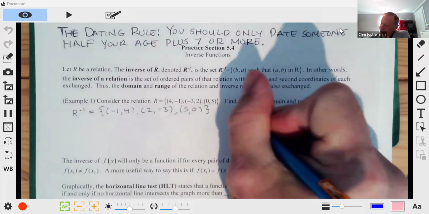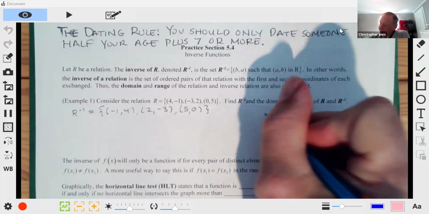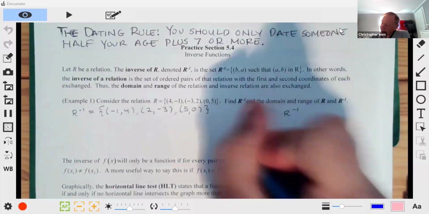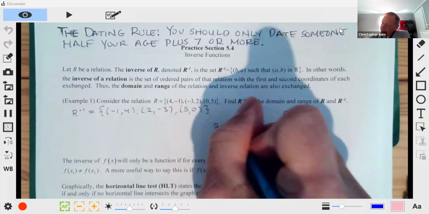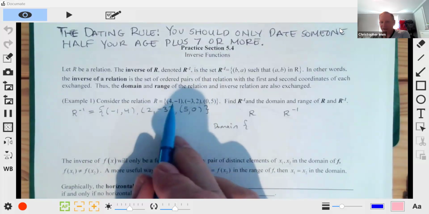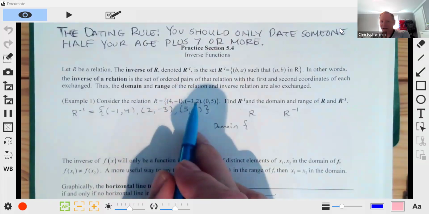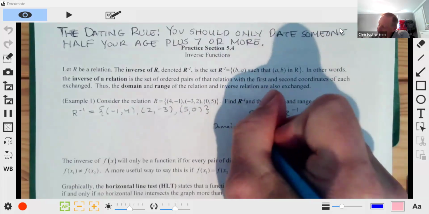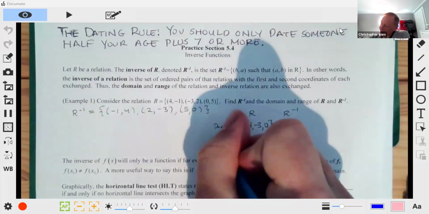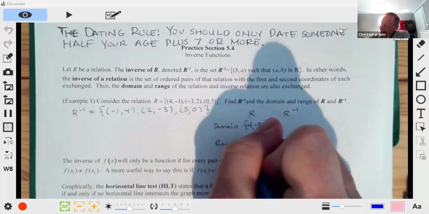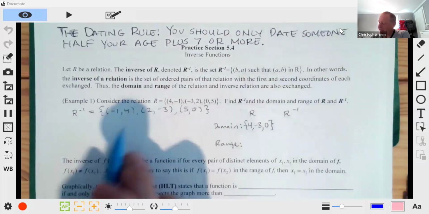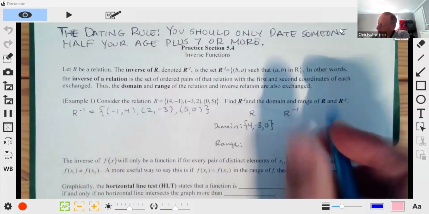If I was trying to find the domain and the range of the original function and the inverse, the domain of the original function would just be the x values of that original function, so 4, -3, and 0. That should be the same as the range of the inverse function. Remember, the range are the y values, and with my inverse function, my y values are 4, -3, and 0.